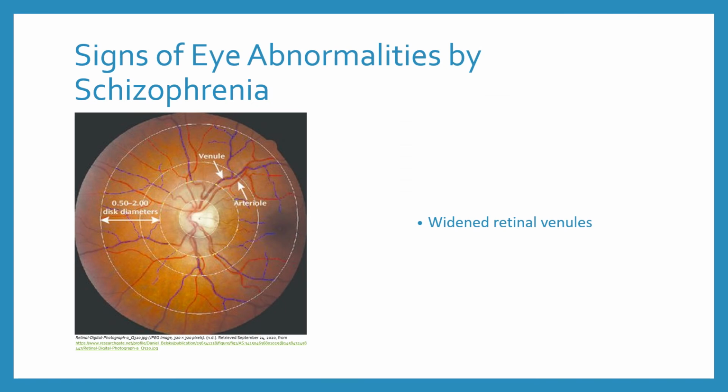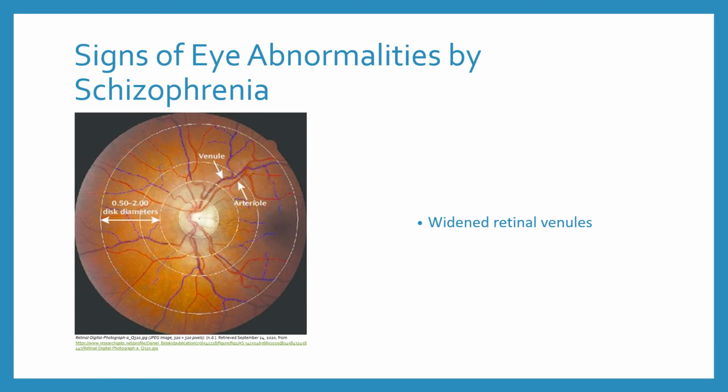Now, one sign that you can observe in the eye with the schizophrenic patient, demonstrated by several studies, is widened retinal venules. So when you're looking at the back of the eye with a fundoscope, you will see that there are these vessels spread across the retina, like in this picture. But they are not blue and red.